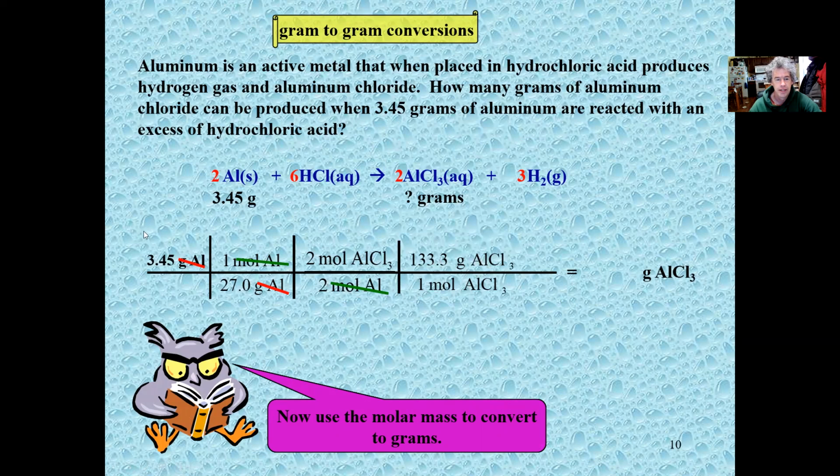So then you would take 3.45 divided by 27.0 times 2 divided by 2, that cancels out, and then times 133.3 grams of aluminum chloride, and these will cancel, and we end up with 17.0 grams of aluminum chloride. All right, and this is the general format, and if this makes sense and you can do this, you can pretty much do any of the stoichiometry problems.